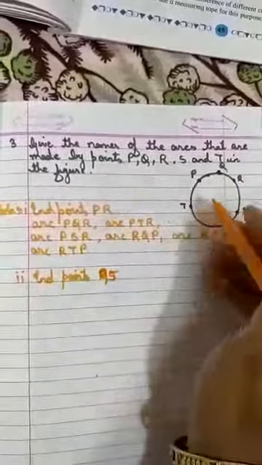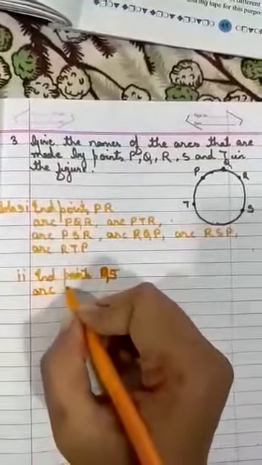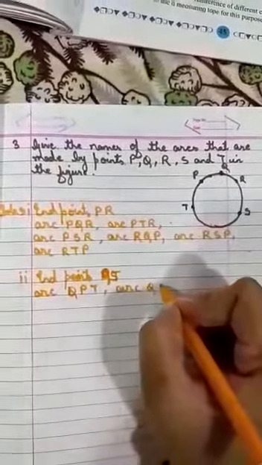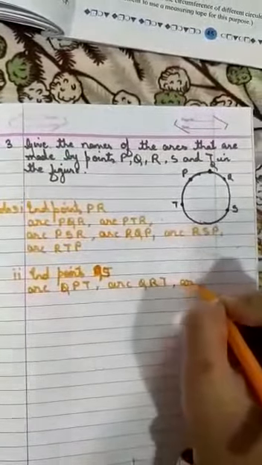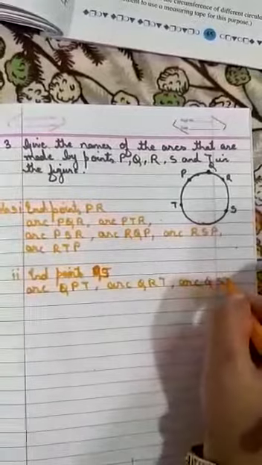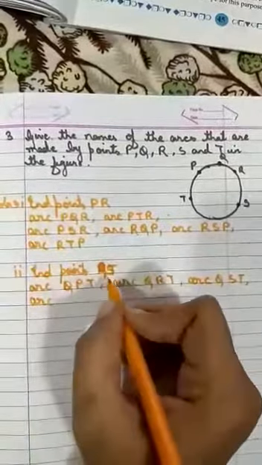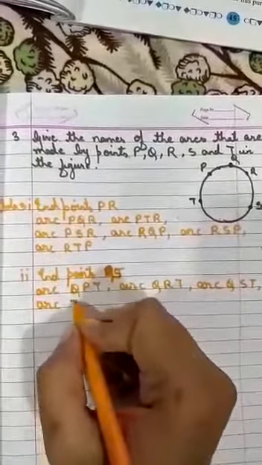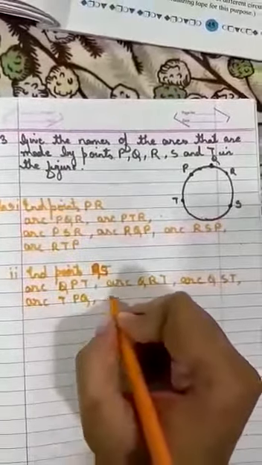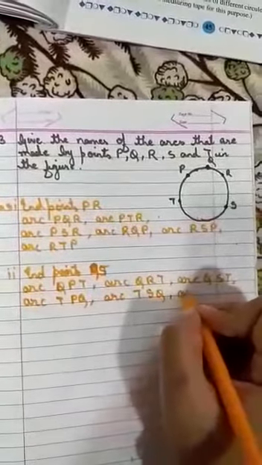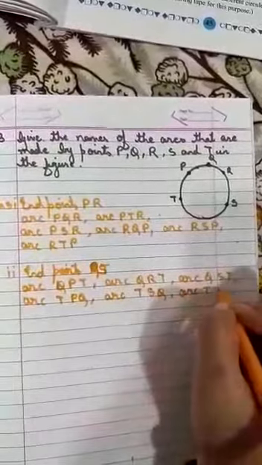So QT is the endpoint, so we'll write here arc QPT, arc QRT, arc QST, arc TPQ, arc TSQ, arc TRQ. Understood? So we have taken PR, QT.